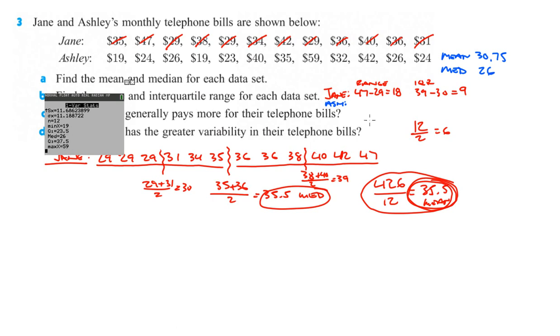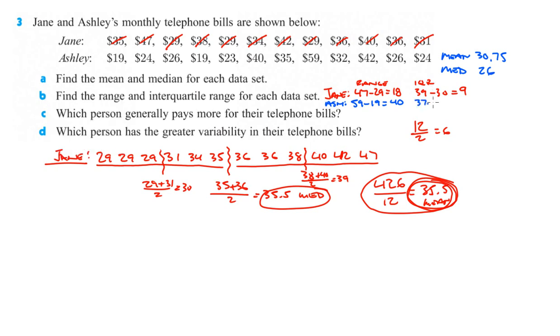So 59 minus 19 gives us 40. And then the interquartile range for this is going to be 37.5 minus 23.5. And that is going to give us 14.